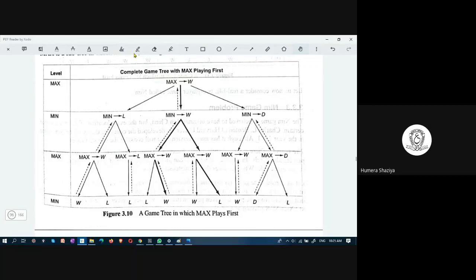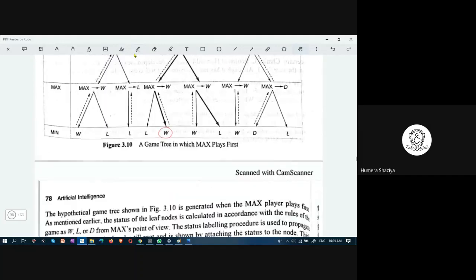Why would max win? Because max would take this direction, min to this, from here to this max, and from here to this win. The successor of this direction is a win. Therefore this max is said to win the game. How this is built and how it is traversed, we will look at.